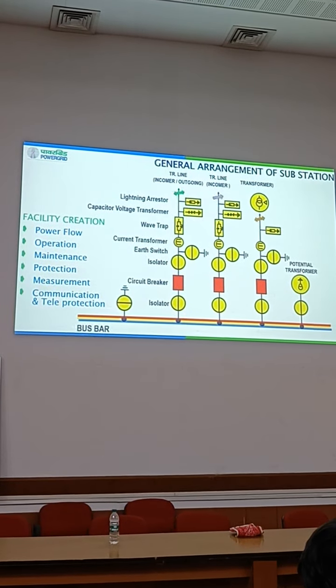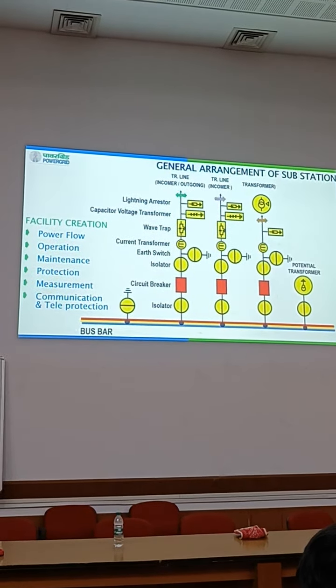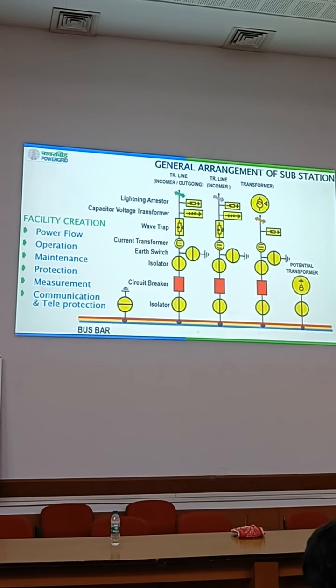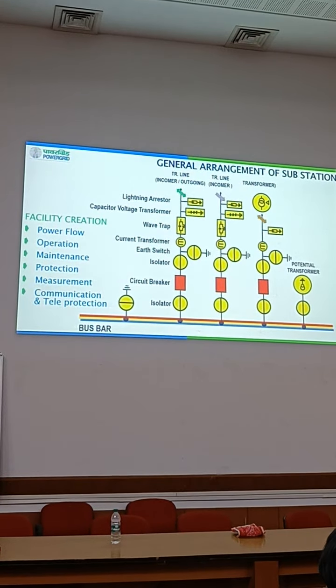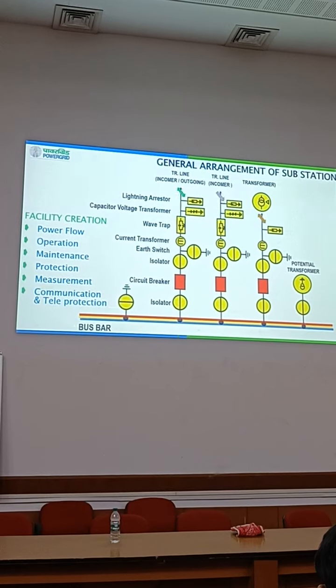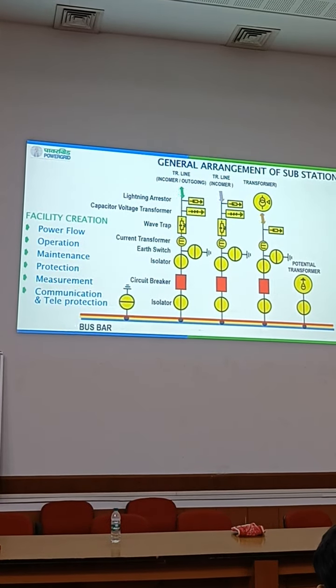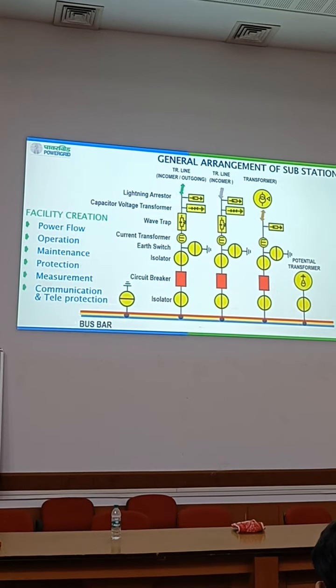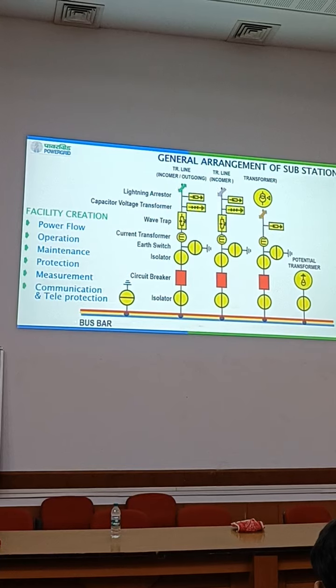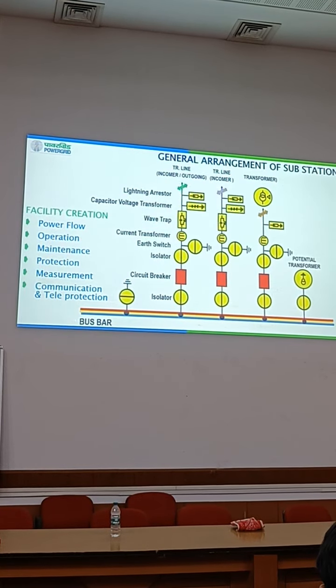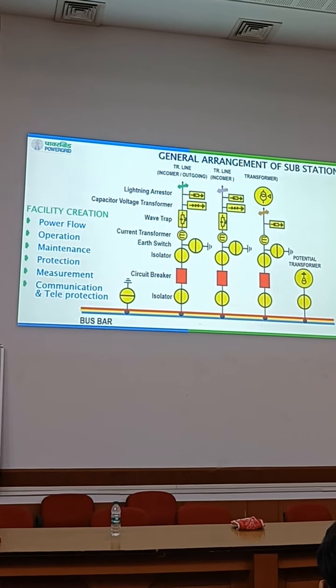Now we'll see how, by changing the arrangement, reliability and other things can be changed in future. This is the general arrangement that I am telling. In coming slides, since the position of the lightning arrestor cannot be changed, it will remain there only. The position of equipment we cannot change.